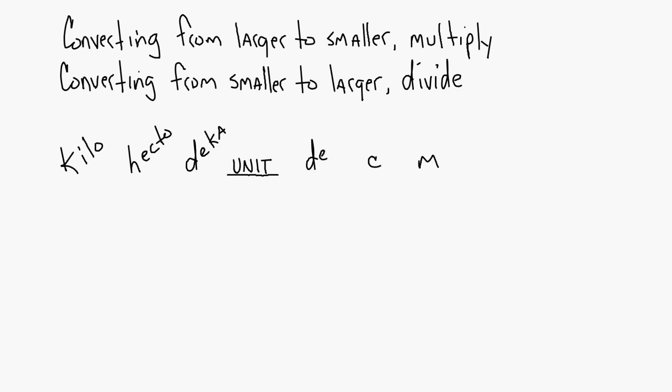And then you have deci, centi, and milli of whatever unit measure it is. If you're dealing with grams, it's centigrams or milligrams. If it's meters, then it's millimeters or centimeters. Liters, milliliters. Got it?